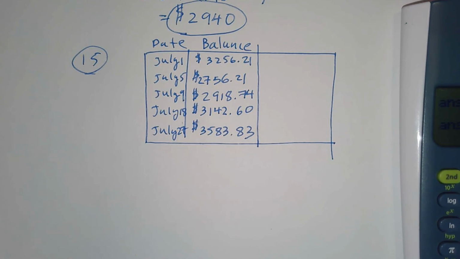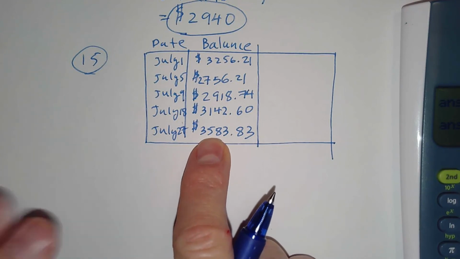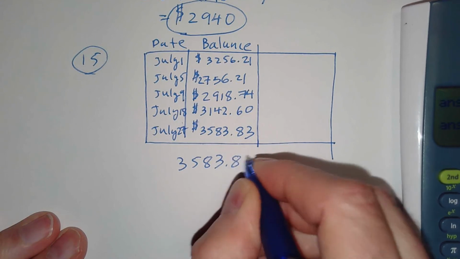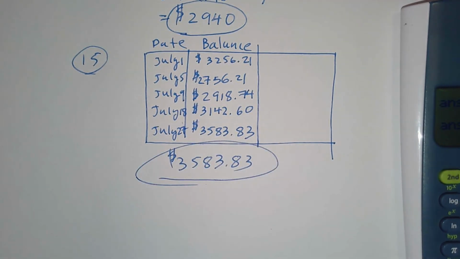So we actually can already answer question number 15, because question number 15 asks us what the unpaid balance was on July 31st. That's it right there. So without having to do anything else, I can already answer the question for number 15.